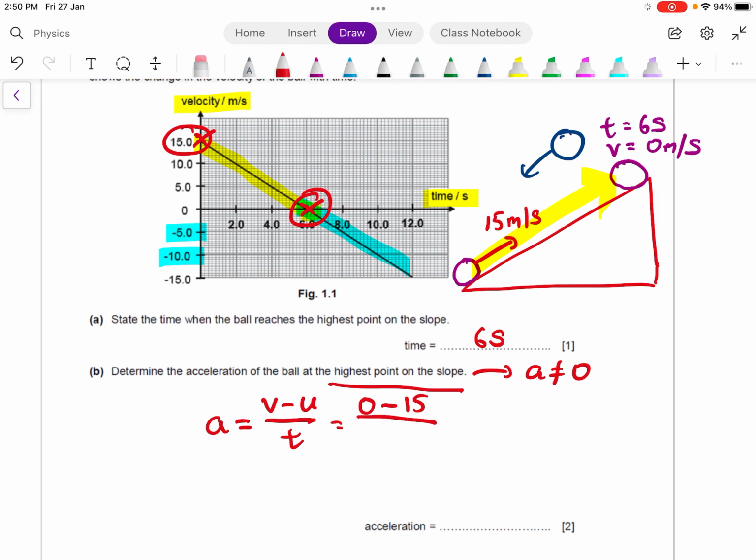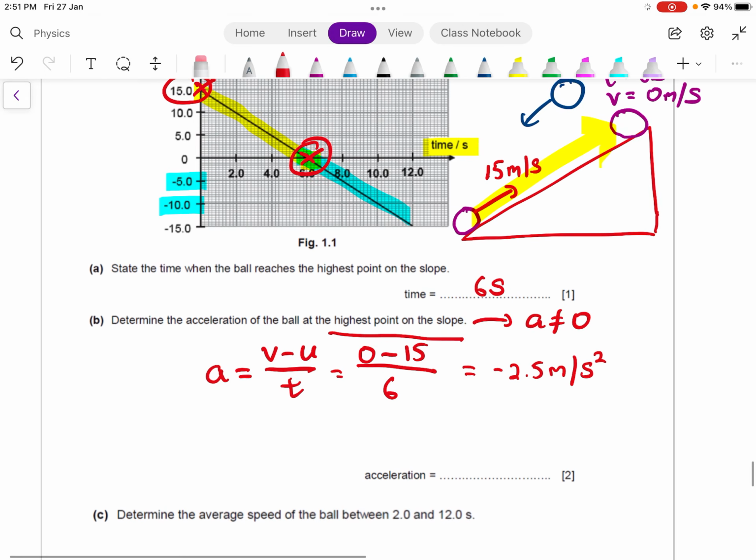The time taken is roughly 6 seconds. So you can see that at the top, it is roughly negative 2.5 meters per second squared. Alright, so it's not negative 10 meters per second squared because this is a slope, not really an up-down direction.